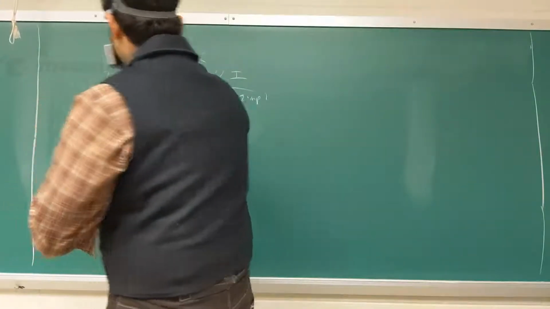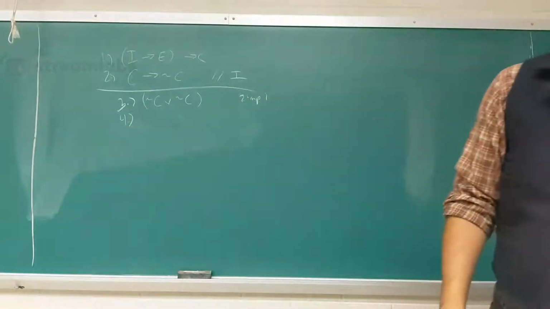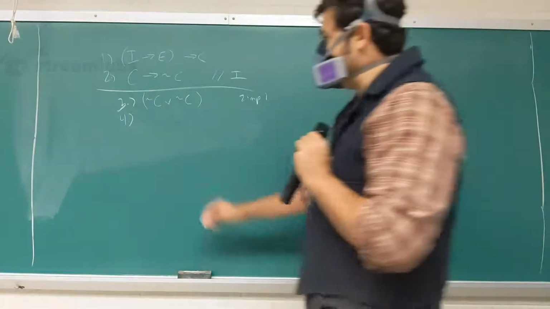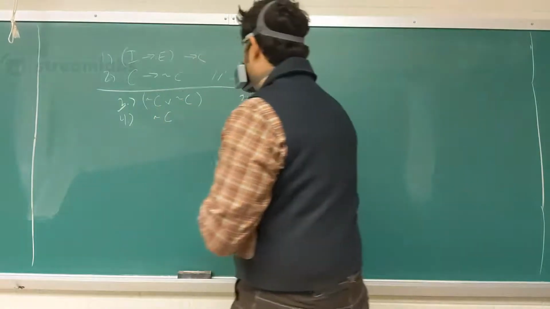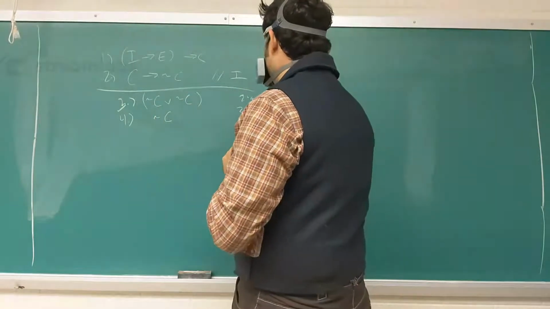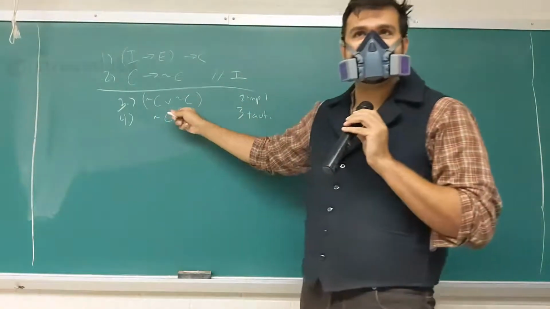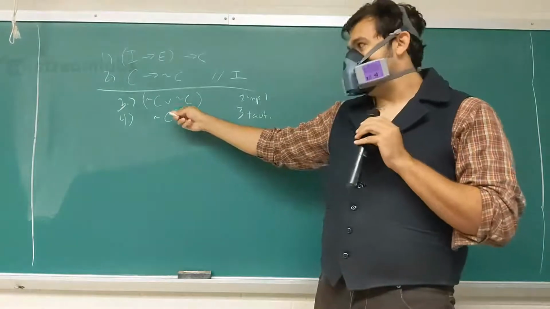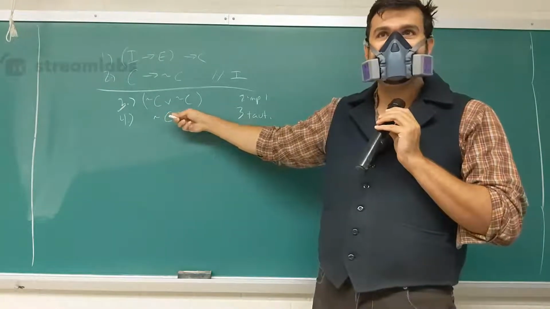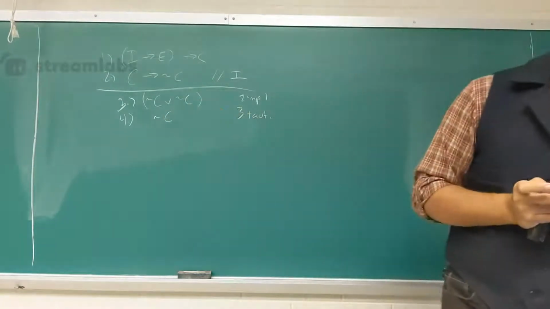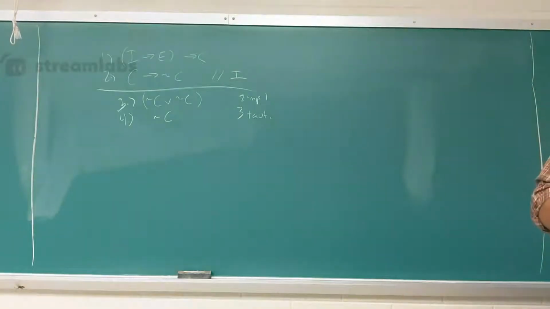Yeah. And then you want to do a tautology, which would just get you not C. Because if these are your 2 options, then it's going to be not C, right? If one of those has to be true, because it's the same thing twice. I think I just solved it.